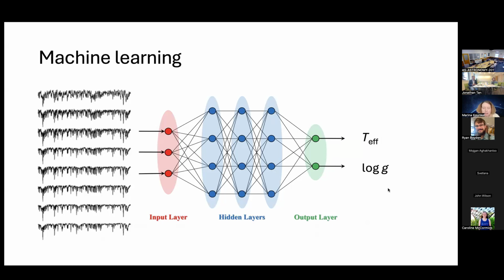How machine learning works, I like to think of it as matrix multiplication. So you have your data and you know what the stellar parameters are in this training set. So you have been able to extract temperature and surface gravity for these stars using some sort of method before.